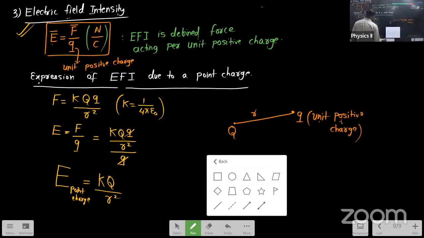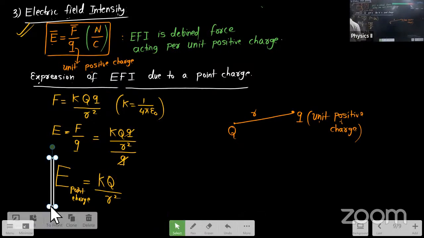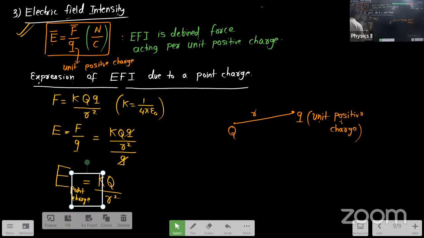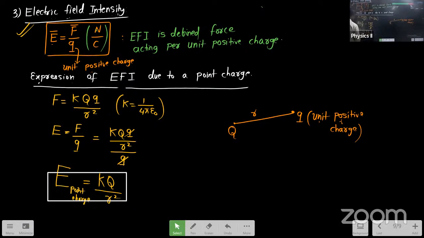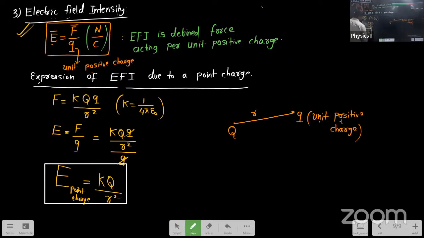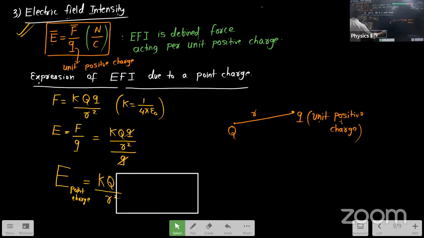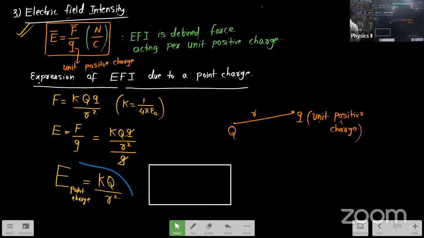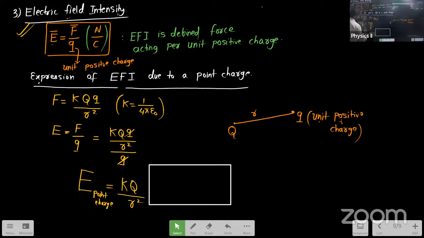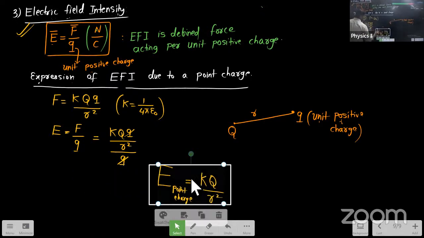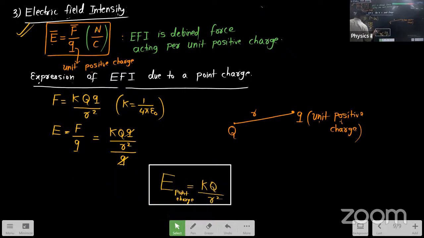So this is the end of another important concept from electric charges and fields. So what is the final answer for electric field intensity? Our final answer is E is equal to K Q by r squared. I hope you understood this answer.